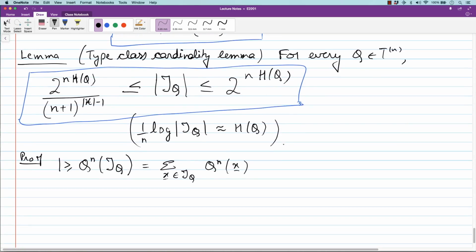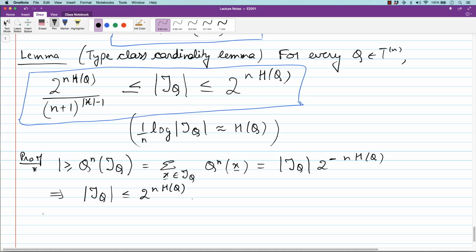So this probability is exactly this number here. And this is less than 1, so this implies that the cardinality of the type set is less than, it's a nice proof, 2 to the power nH(Q). Okay, that's the first part of the proof.